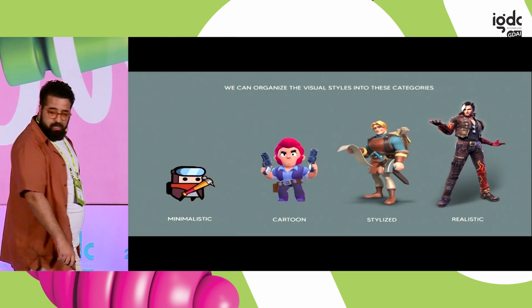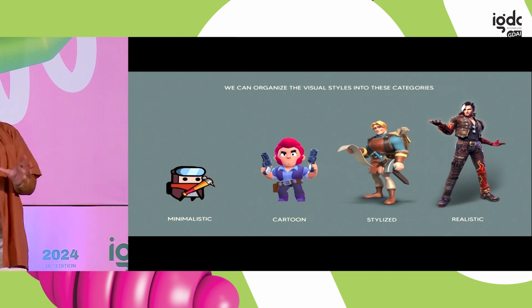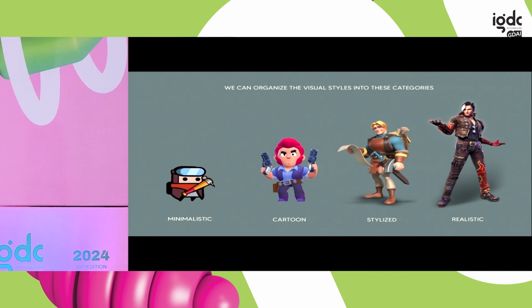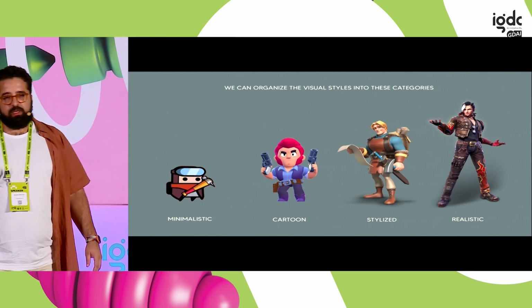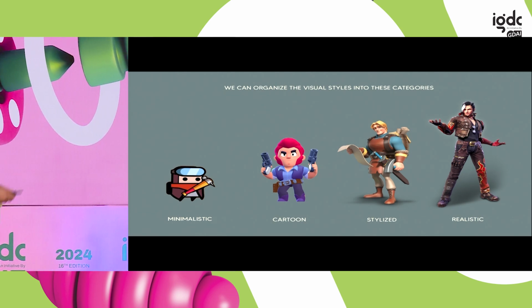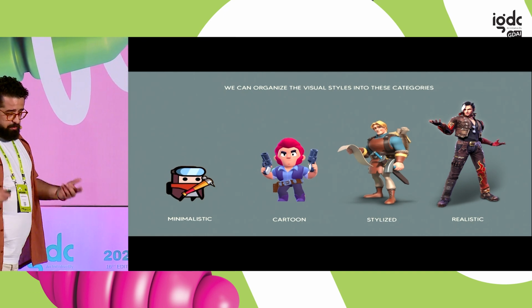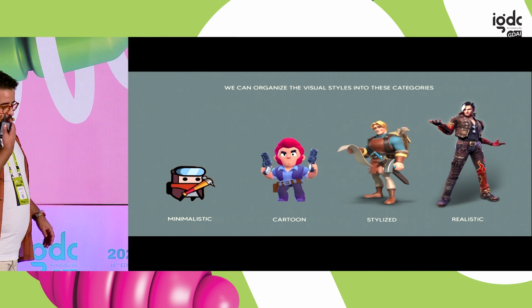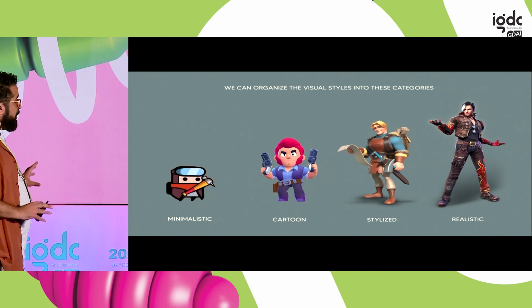So, we can organize the visual styles into some categories, okay? Here I try to simplify. You will find more categories if you look at some portals, some places where people have been talking about that. But here I try to simplify into these four categories.